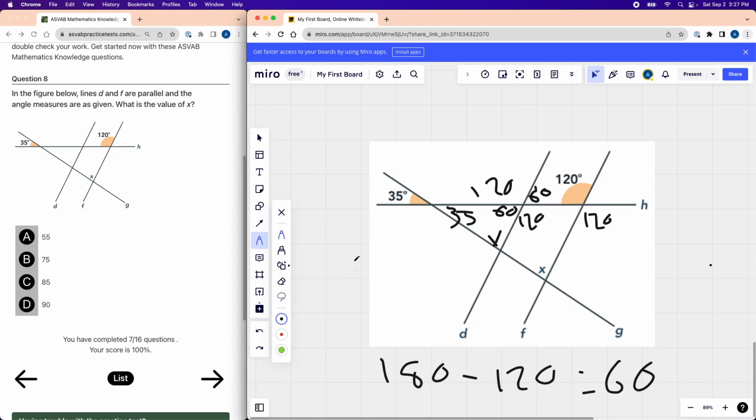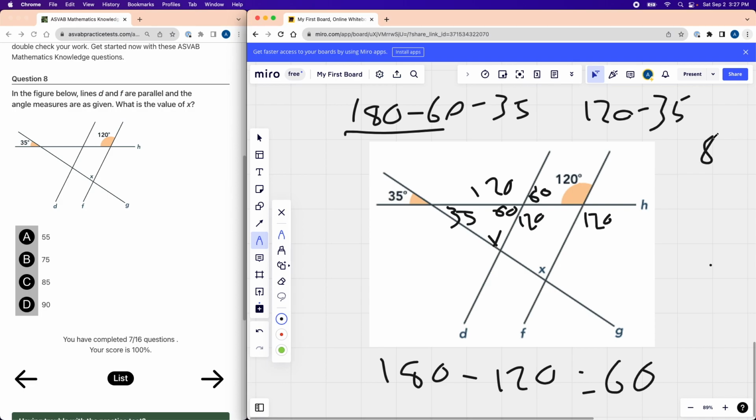Again, all the angles inside of a triangle also equal 180. So 180 minus 60 minus 35. Let's see, 180 minus 60 gives us 120, minus the 35, that'll be 85. So x will equal 85.